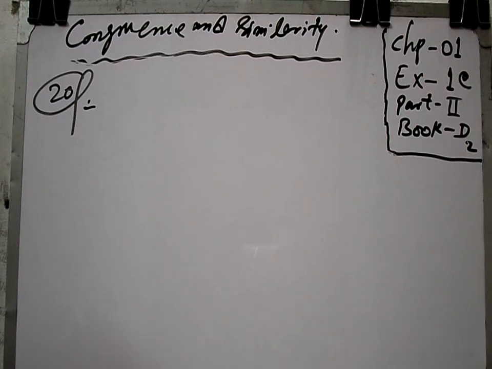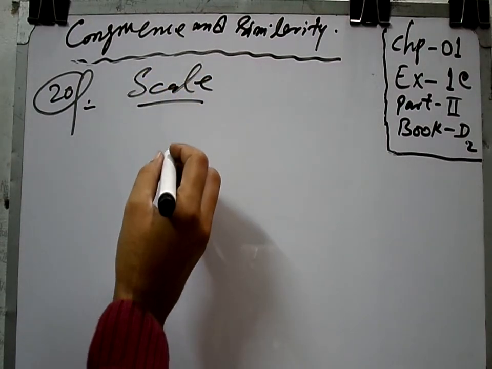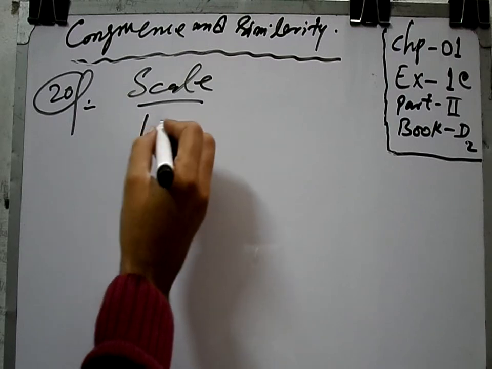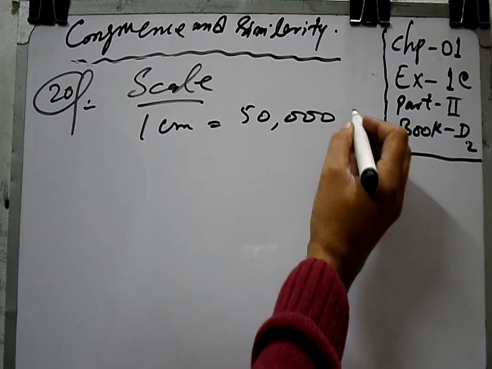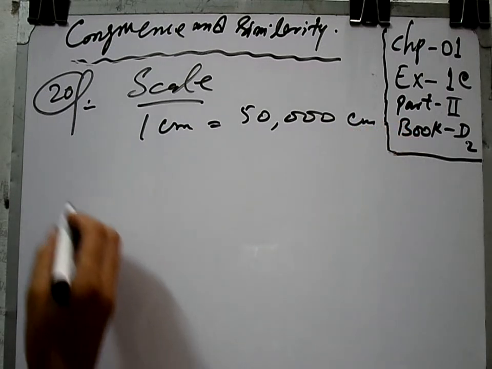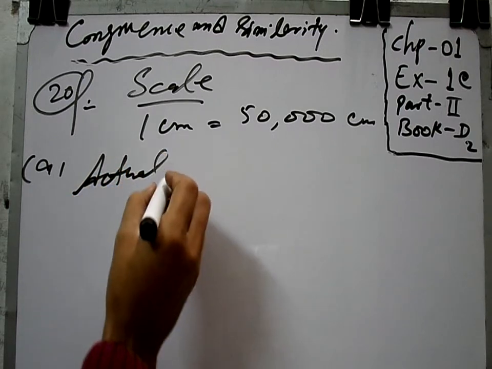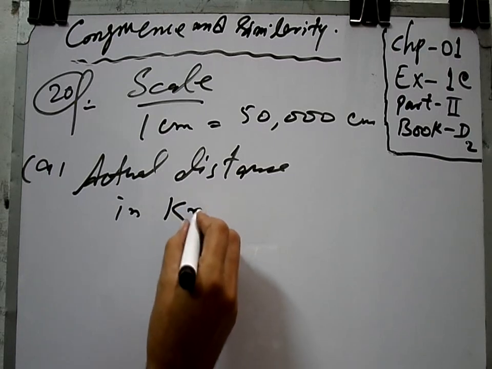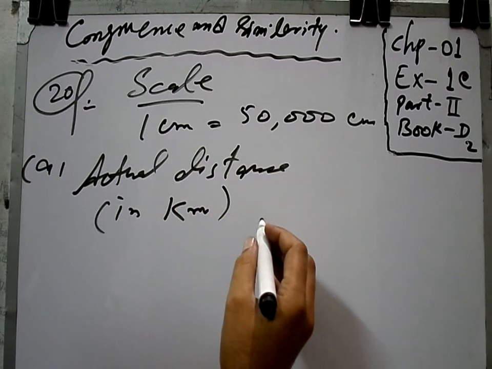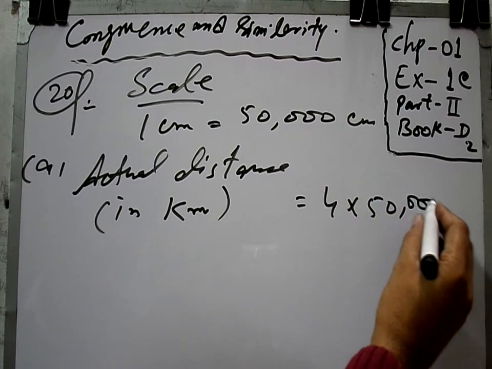First of all, in A part you can see what is the scale given to us. Okay, question is very much simple, but we have to multiply with quantity. That is, scale is 1 centimeter is equal to 50,000 centimeters. So in A portion, actual distance in kilometers is equal to 4 multiplied with the scale factor 50,000.